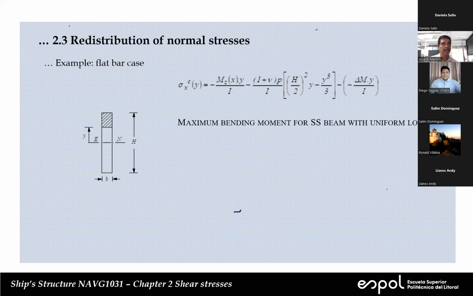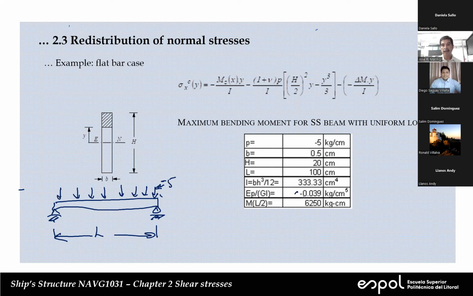We have this term here. You see that it's the negative sign here. You have to be careful with this, okay? Because this is negative also. And we're going to evaluate here, okay, at the central part. Okay, so the bending moment is going to be something like this.